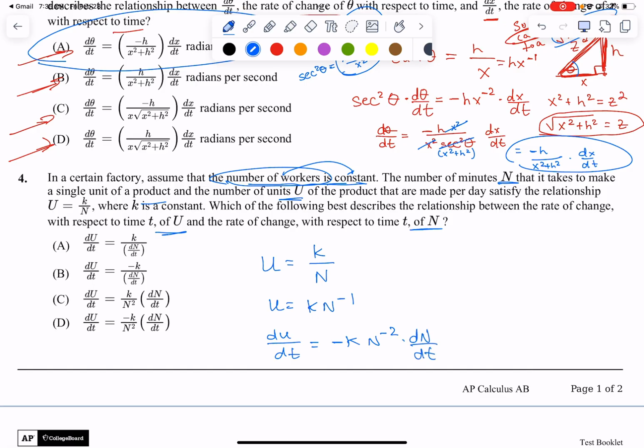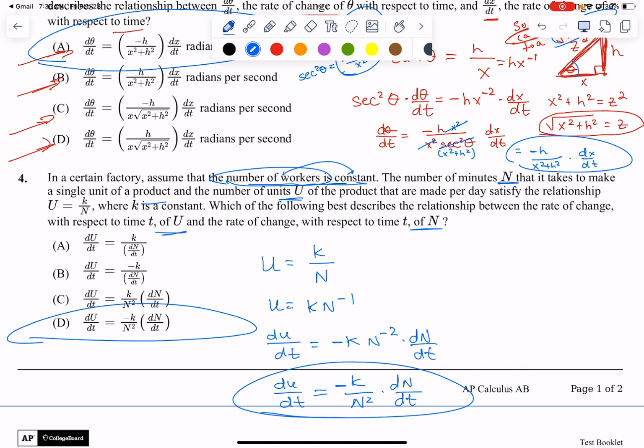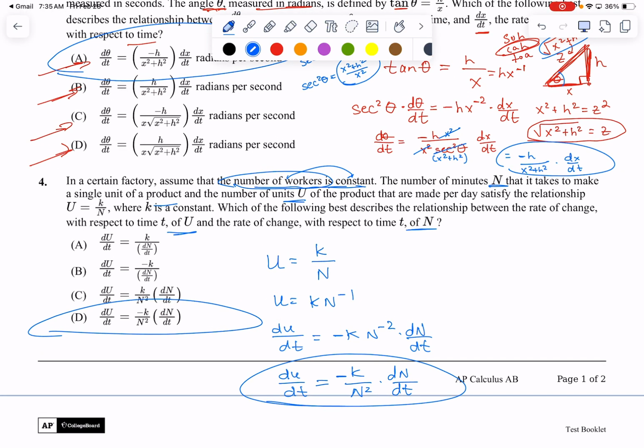So final answer would be dU dt is going to be equal to negative K over N squared times dN dt. So what answer is that again? D. Is it D again? Wow, they're really interesting. Okay, is that okay? Pretty straightforward, right?